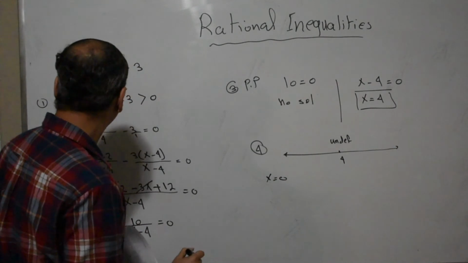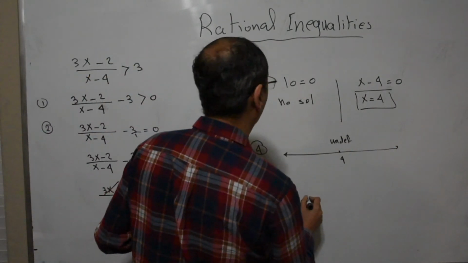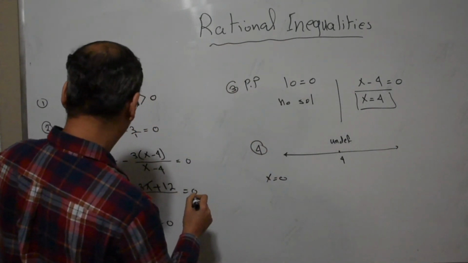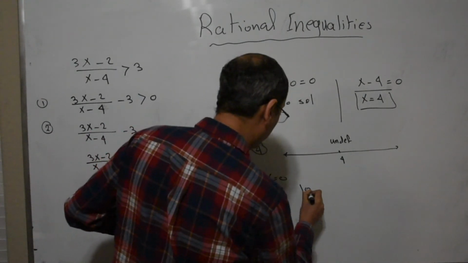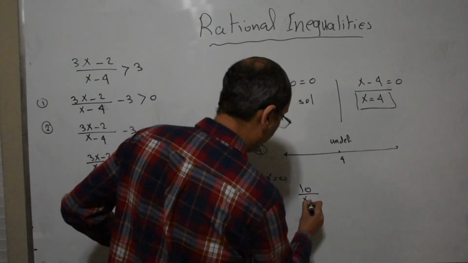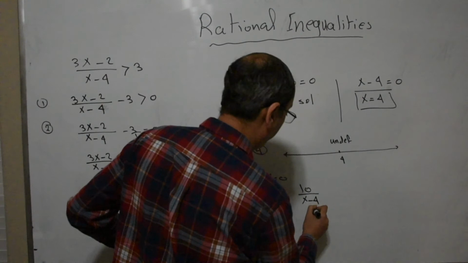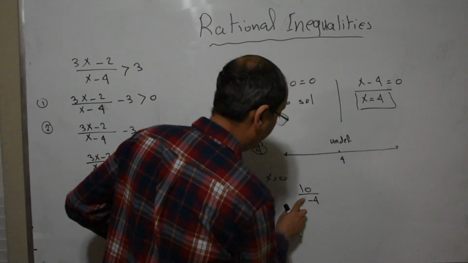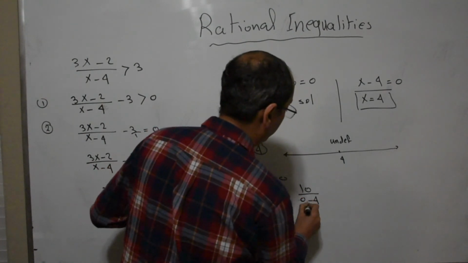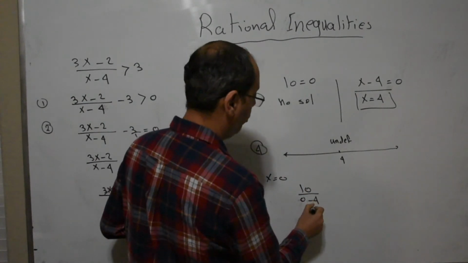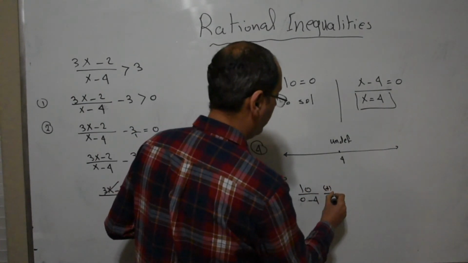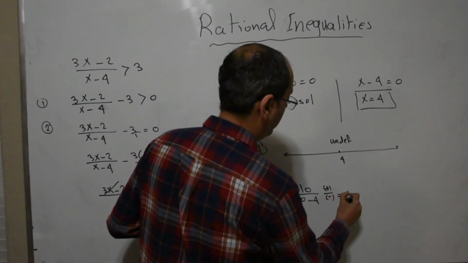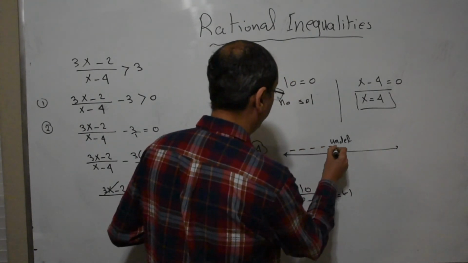So definitely that would be 10 over x minus 4. I plug a 0 instead of x. So here it is 10 over negative 4. So this is plus, over negative is negative. So here is negative.